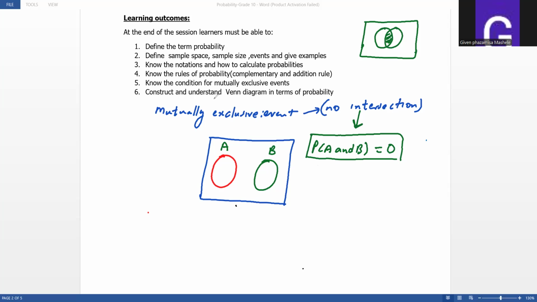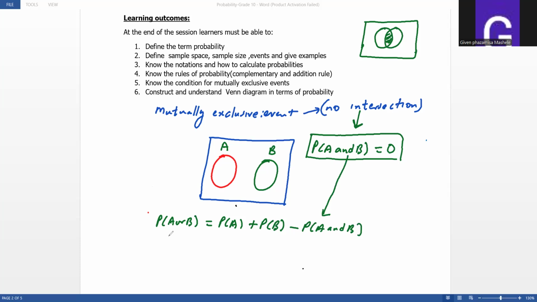So if we have events that are mutually exclusive and we want to calculate the probability of A or B, according to the formula, the probability of A or B is the probability of A plus the probability of B minus the probability of A and B. And since they're mutually exclusive, this becomes 0.